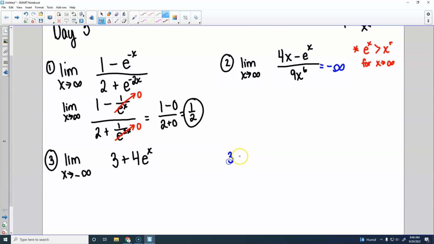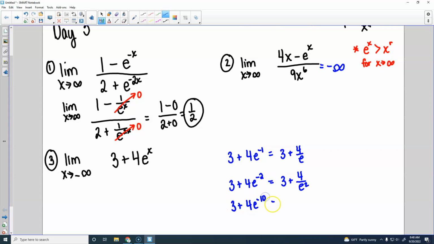If I plug in, I've got 3 plus 4e to the negative 1. Well, that is really 3 plus 4 over e, right? And 3 plus 4e to the negative 2 is really 3 plus 4 over e squared. And 3 plus 4e to the negative 10 is 3 plus 4 over e to the 10th. What's happening here? This is actually getting smaller.